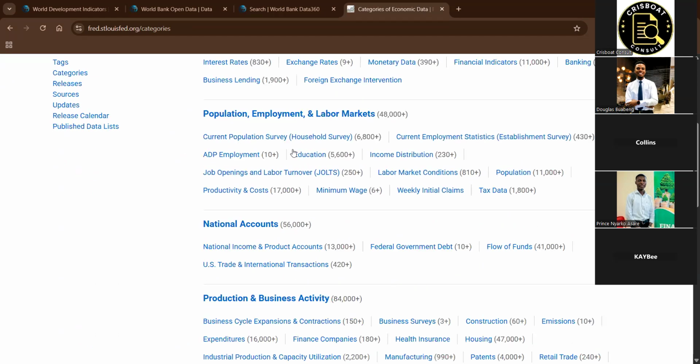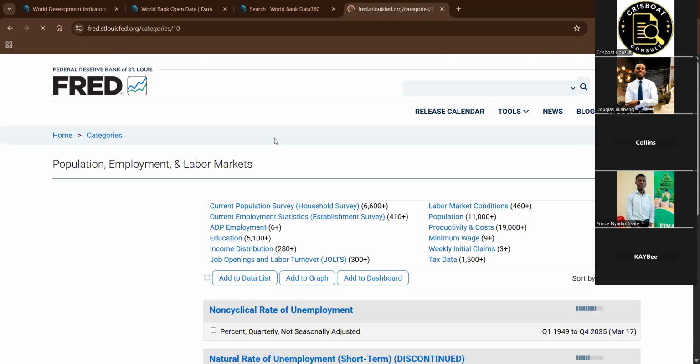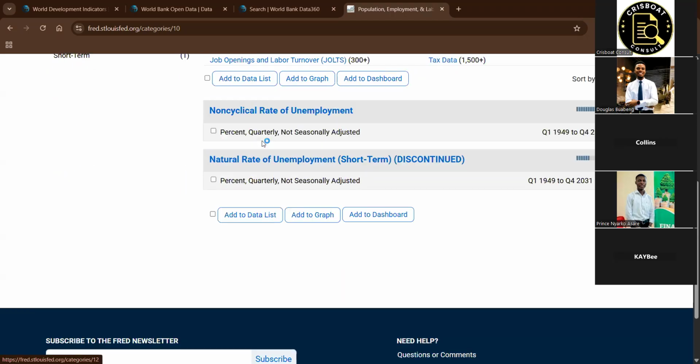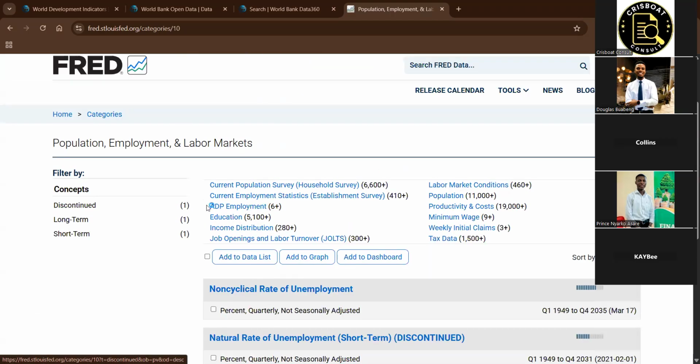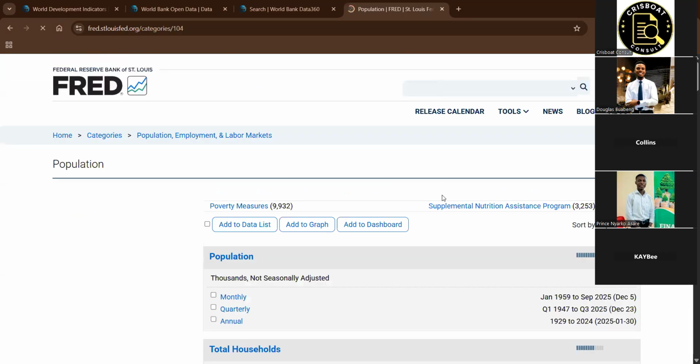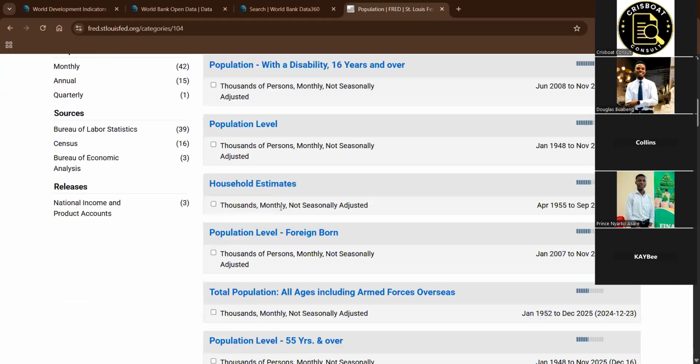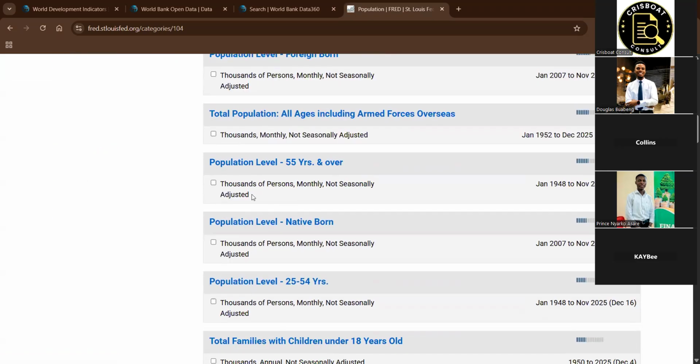So let's do, we are doing general data. So natural rate of unemployment, population, labor market condition. Right now, seeing this data, I have like 5 research concepts in my head. So we have population level 55 years and over.